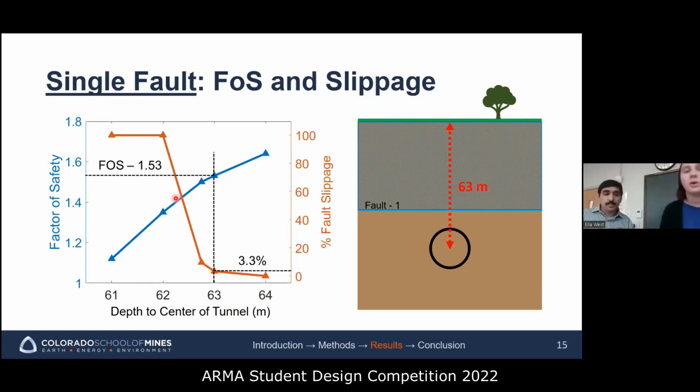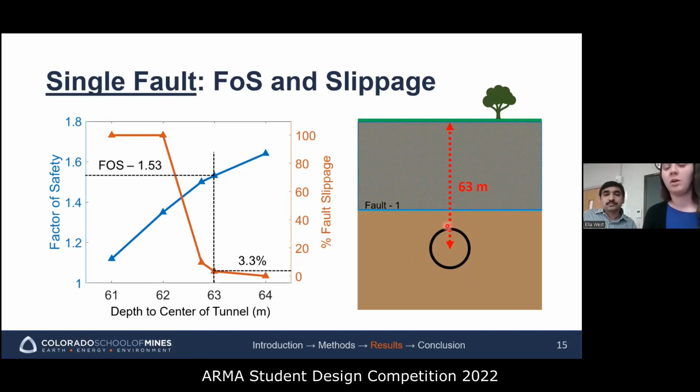Yeah, for sure. In regards to the displacement, the slippage on the fault, I think there's a zone of influence around the fault, and when the tunnel is within or very close to the zone of influence, the rearrangement of stress concentrations around the tunnel cross section is going to affect the fault a lot more and trigger slip.